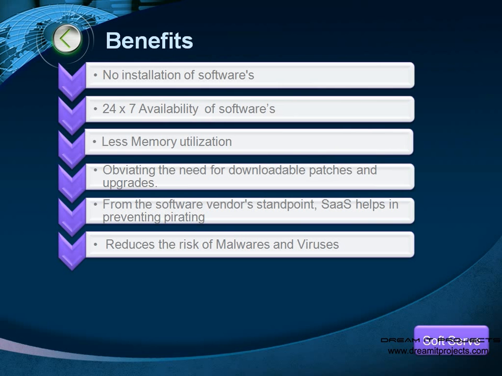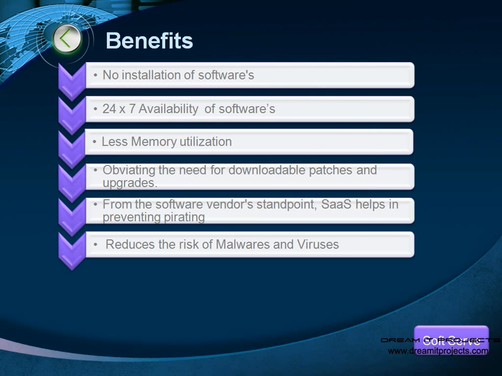From the software vendor standpoint, SaaS helps in preventing piracy. This is again one of the advantages from the vendor's point of view. When I say vendor, it means a software distributor. Let's take an example that MS Office is a licensed product. What we usually do is install it on a local machine and distribute it to our friends also, who use the same key and install it.